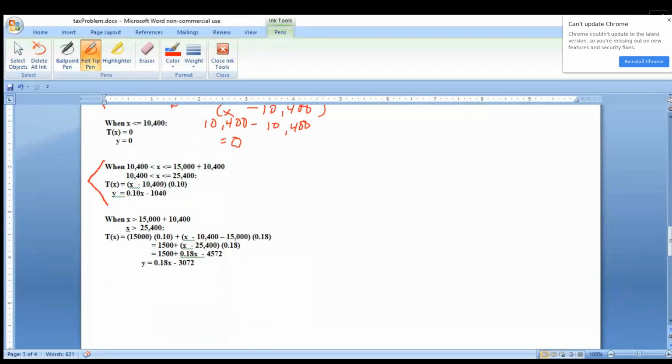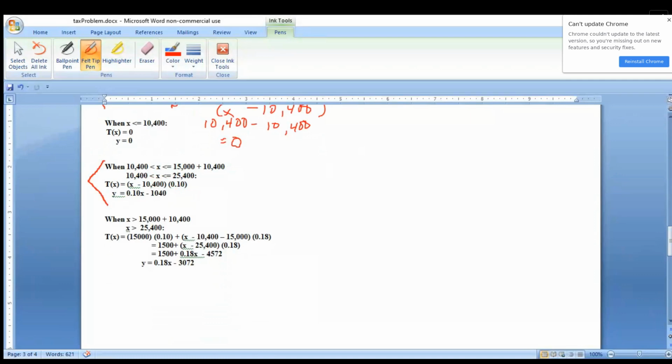And remember, 15,000 as a taxable income just gets taxed 10%. So as long as we're within this range here, it's 10% tax.